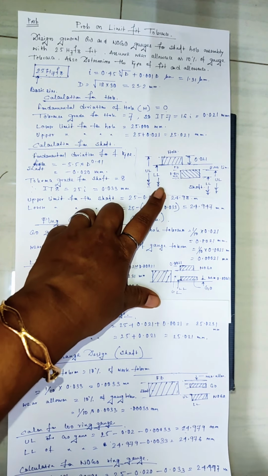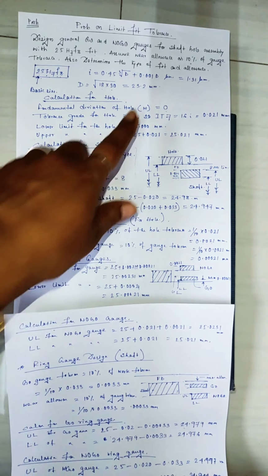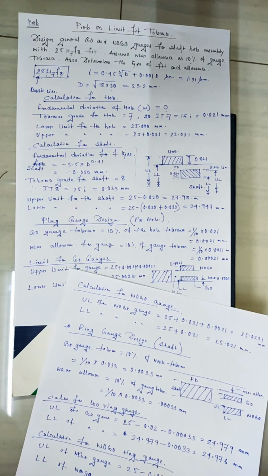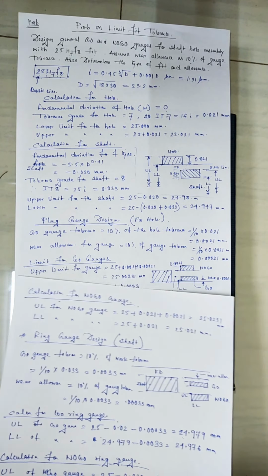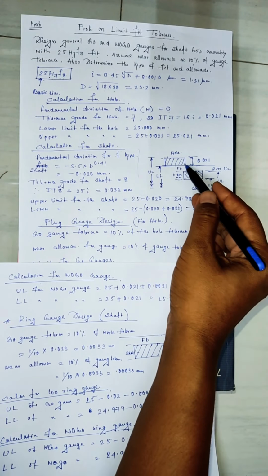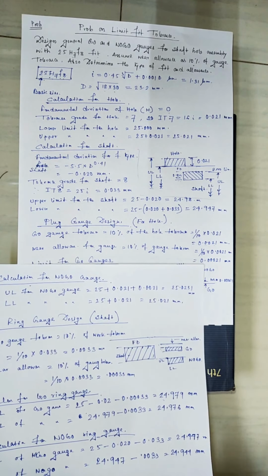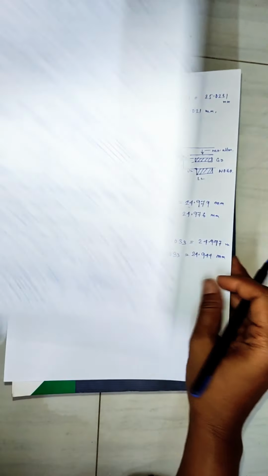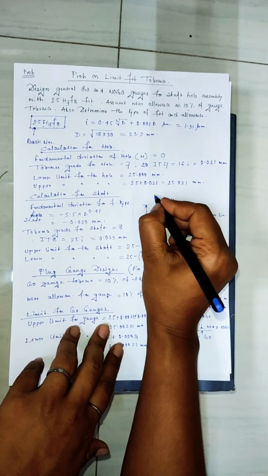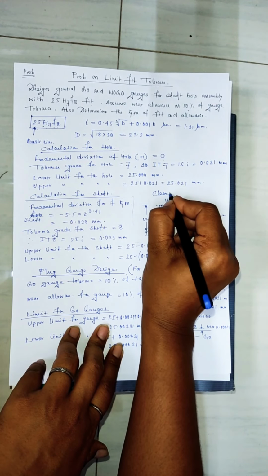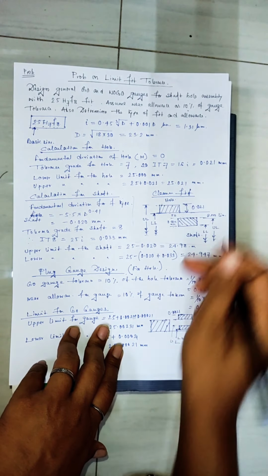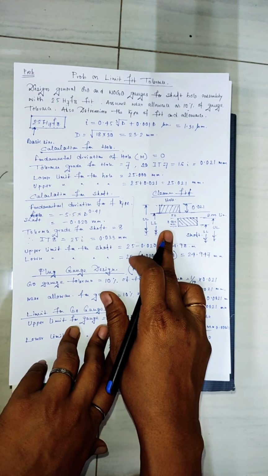The question asks for the type of fit and allowance. The type of fit, obviously, in between is the gap, so this is actually the clearance fit. Right? The type of fit is clearance fit.